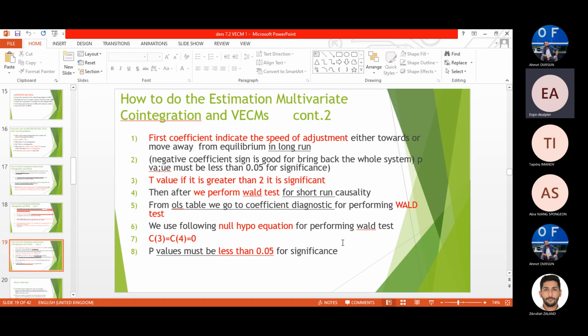Suppose we are giving here C3 equal to 0 and C4 is equal to 0, then we will estimate the Wald test of these two variables and coefficients. The p-value must be less than 0.05 for the significance.